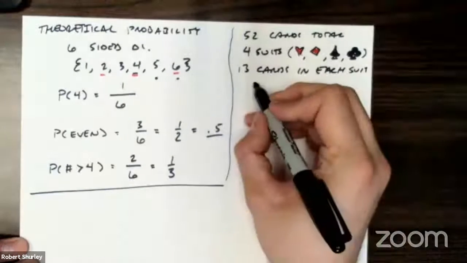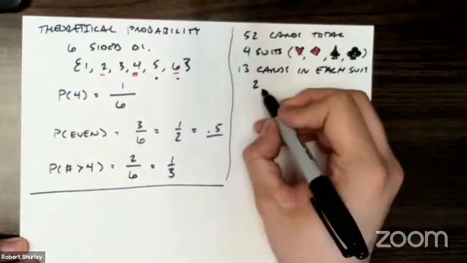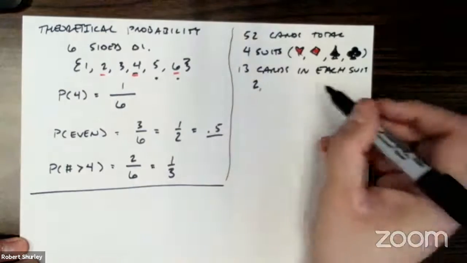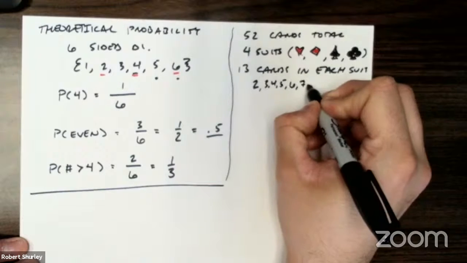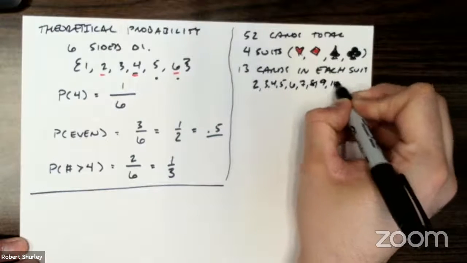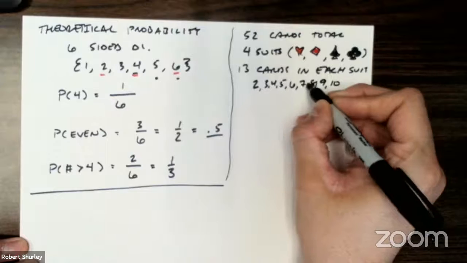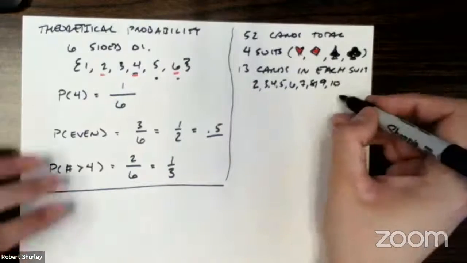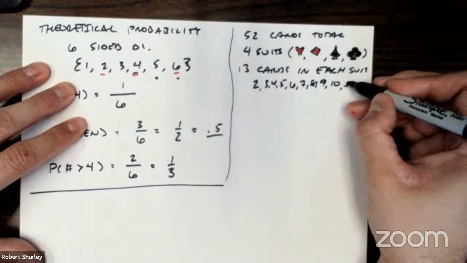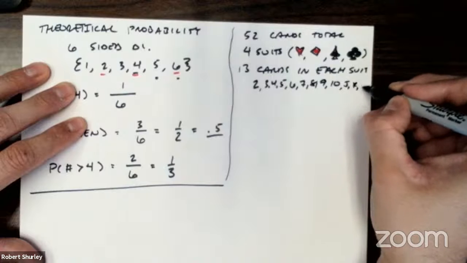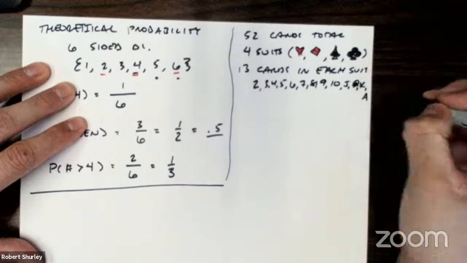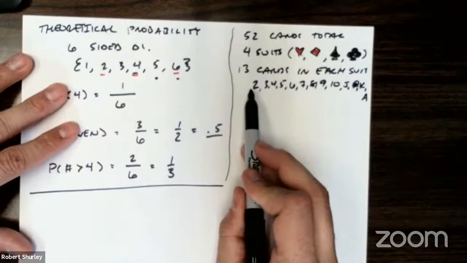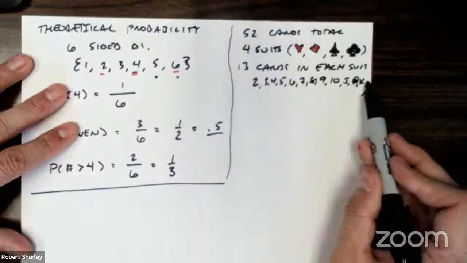And they go from 2, 3, 4, 5, 6, 7, 8, 9, 10. Then we've got the Jack, Queen, King, and Ace. I ran out of room here. So it really goes through 2 through 10, and then Jack, Queen, King, and Ace.